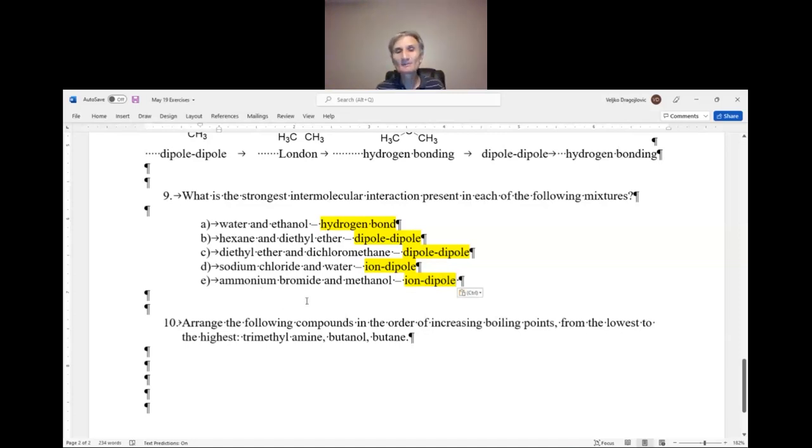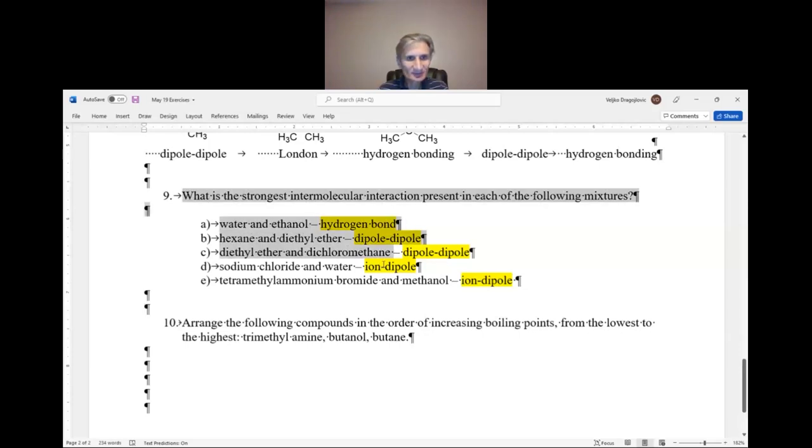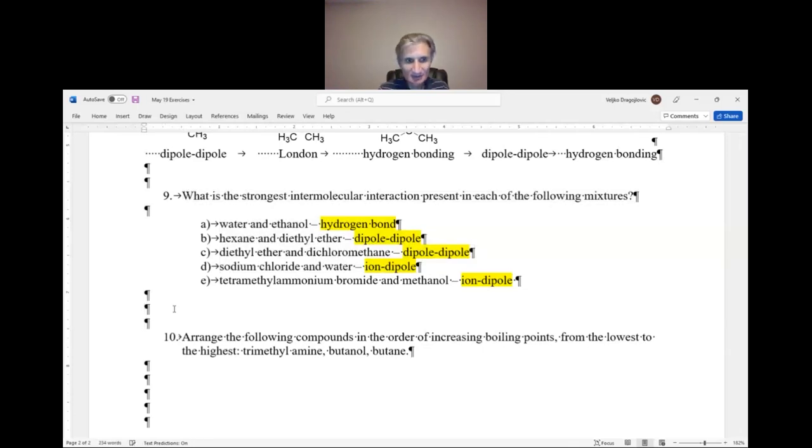Don't be confused. Or actually, let's say tetramethyl ammonium bromide. Let's make it organic, because there are organic salts. Quaternary ammonium salts are organic salts. Those are also ions. It's an ionic compound. Okay. Let's do the first 4 because E is going to be the same.